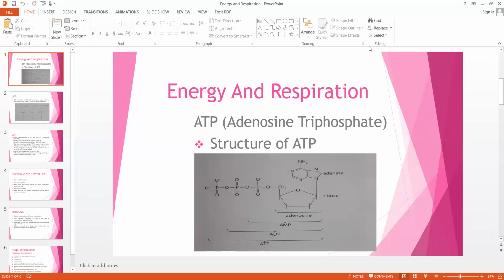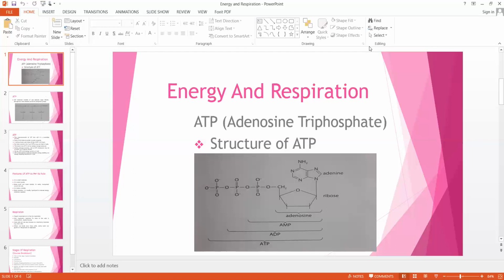Actually, that energy which is released in respiration is used to make an intermediate molecule which is called ATP. Then this ATP is further hydrolyzed whenever energy is required. And whenever ATP is hydrolyzed, obviously a large amount of energy is going to be released. So basically, that's why we say ATP is an intermediate molecule between the energy requiring reactions and energy yielding reactions.